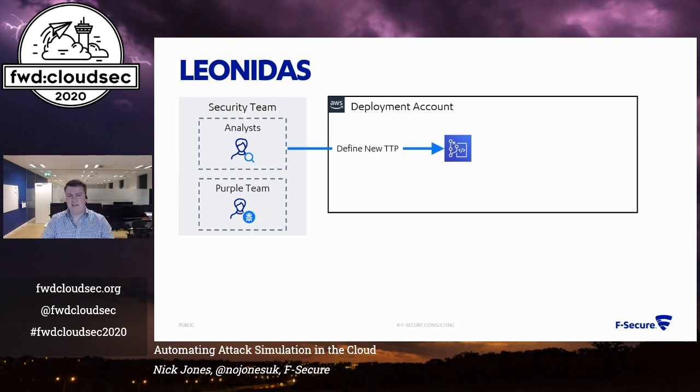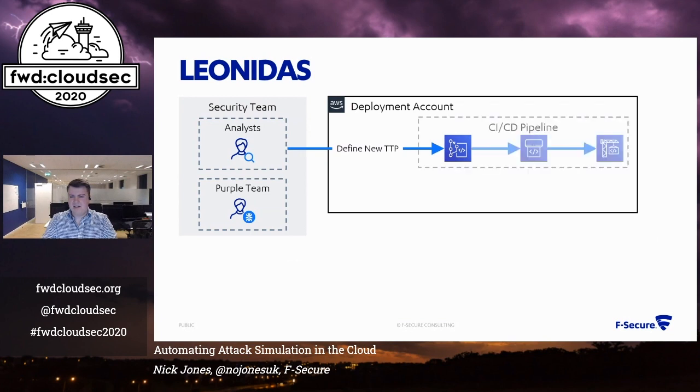So he defines that in the YAML-based format that comes with Leonidas, and that gets checked into a code commit repository at the moment in AWS, and we're planning on going multi-cloud in the future, but start with AWS. That then is processed by a CI/CD pipeline, and the test case that they've written is then built into an API that's exposed as a Lambda function.